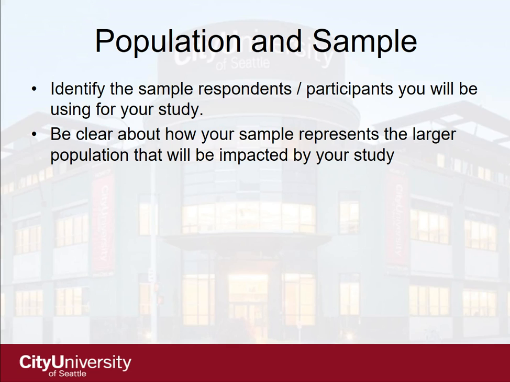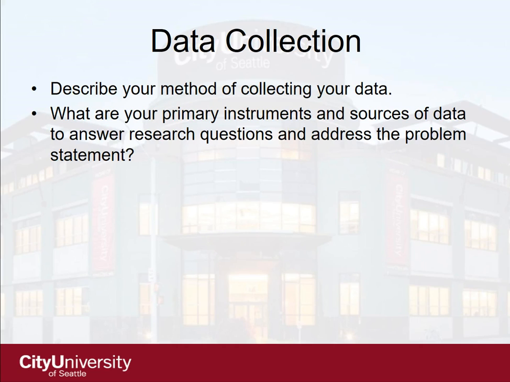Or my population is all first generation college bilingual students in X college. So be clear about how your sample represents the larger population that will be impacted. So if you're going to do a study on first generation college students and all of a sudden you are interviewing their parents, well, that may not be the right sample that's representative of your population. Data collection is the next section. How are you going to collect the data?